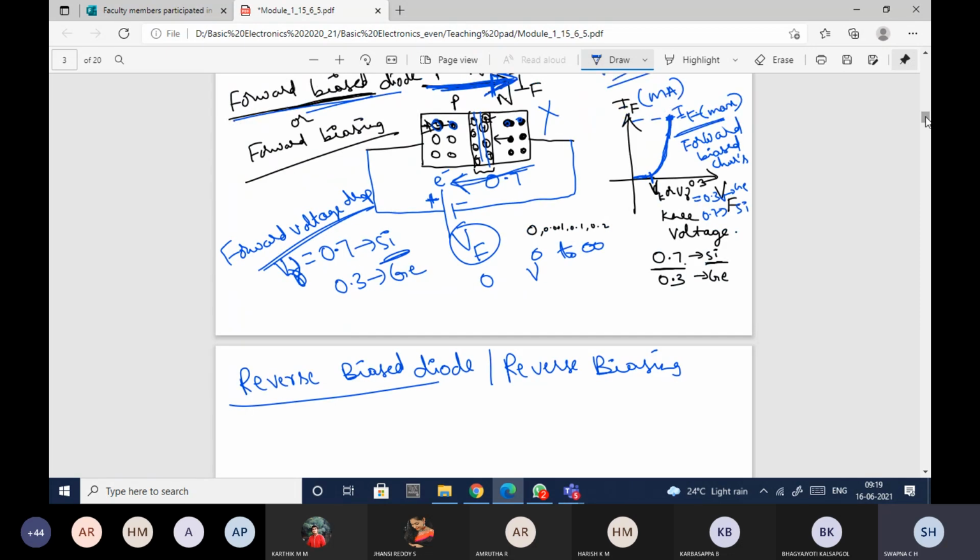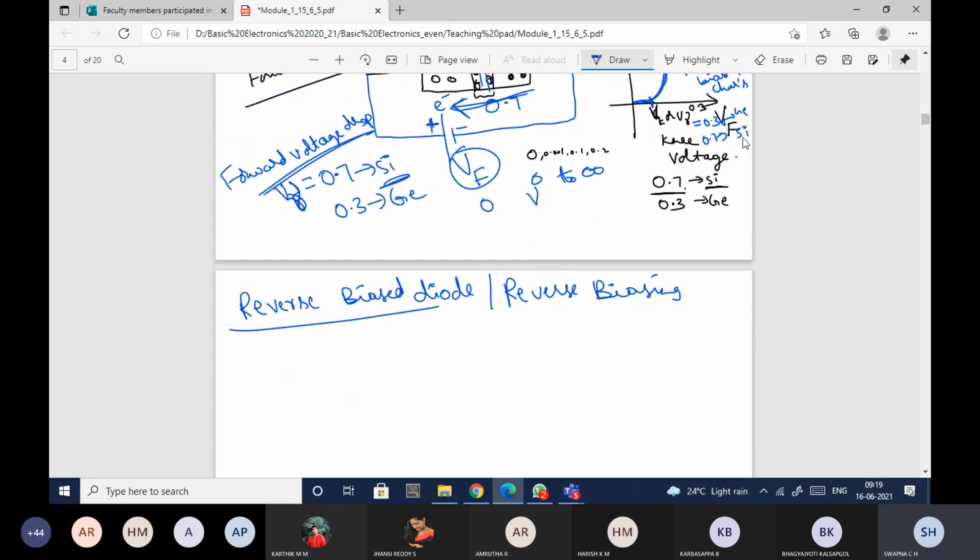And one more thing, if I want to specify it in the form of a symbol, this is your P and this is your N. You should never forget which is your P and which is your N. In the diode, this line is called N, and the other side is P. P should be connected to positive and N to negative.